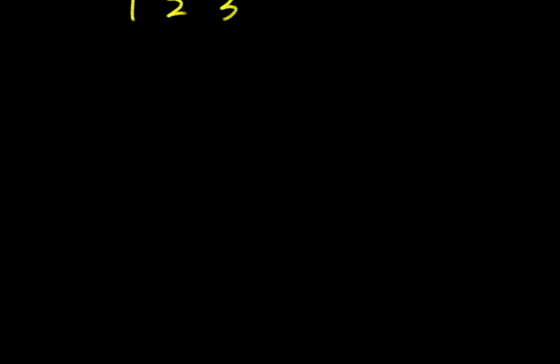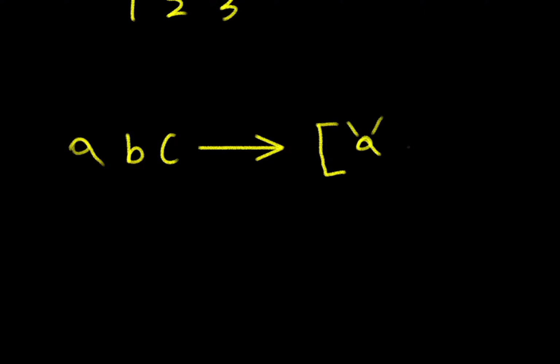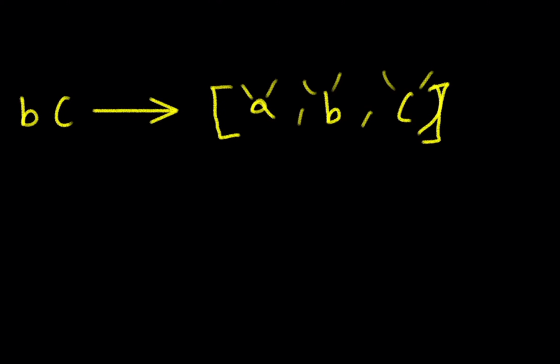So now, let's use ABC because that's easier to write. ABC now becomes A, B, C, each its own element. And now we just sort that, we just sort it inside the list. Does that make sense? Okay.